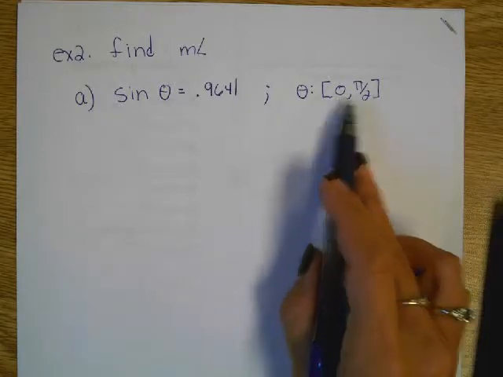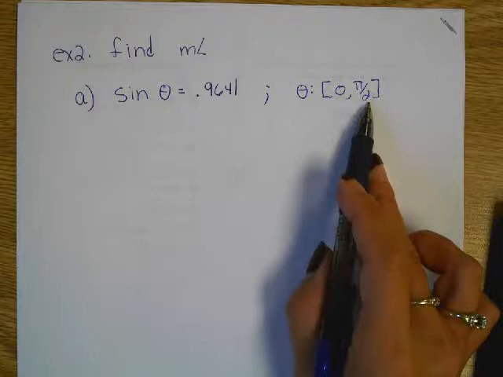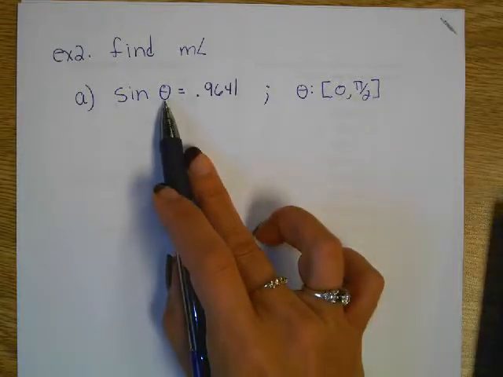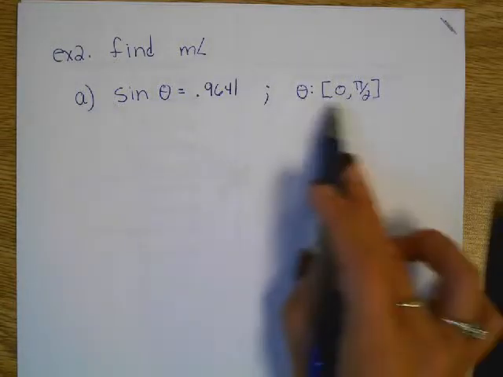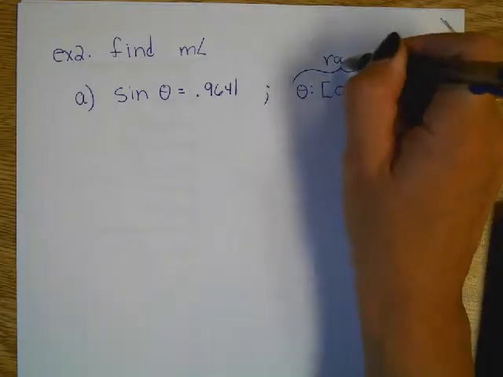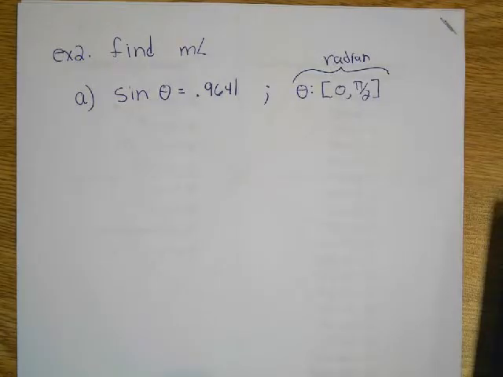So what is this interval? What form are these angles in? Radians. Until this second piece of information was given, you had no clue what form of the angle I was looking for. So now I know that theta is in radians. This is saying it wants a radian angle measure.